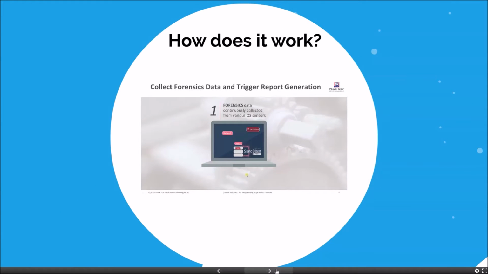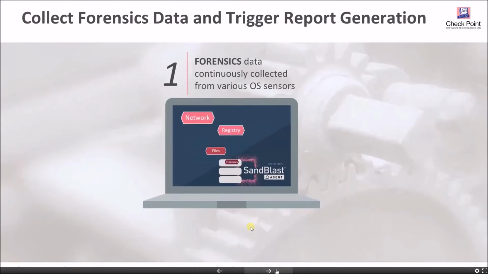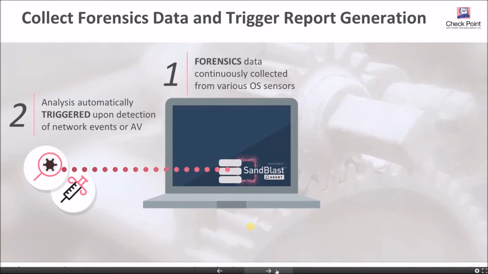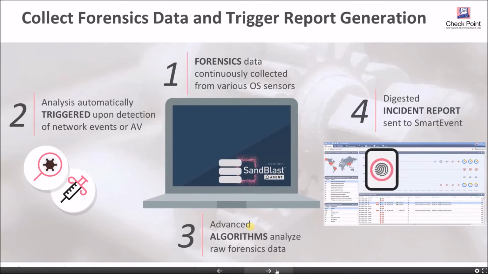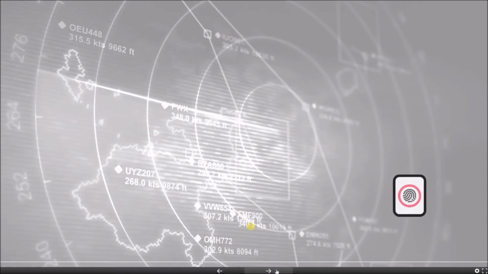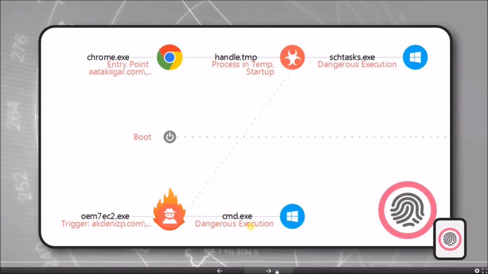Now, how does that work? Well, essentially we're sitting and we're capturing all the network registry file changes for everything that's happening on that endpoint in a protected container. And now if a trigger gets picked up, so say an antivirus alert gets detected, or we detect a file in our sandbox, then we take all of the forensic information that we captured around that event and we send it to the log server.